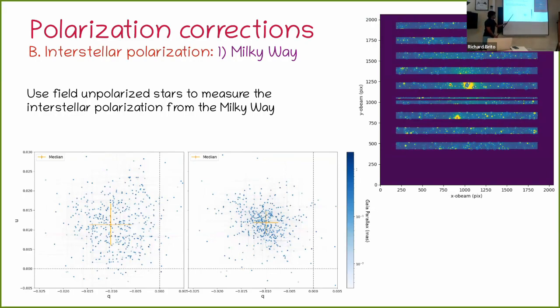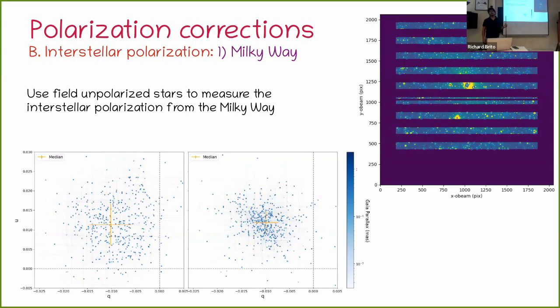Here, each point is a star in that field of view. Here you have U and Q, the Stokes parameters. If you correct them for the instrumental polarization, which means this star that is at the edge, remember there is a spurious instrumental polarization at the edge, so you need to correct for that. Once you correct for those, you can see that they're more tightly packed together, and you can get the median of that value.